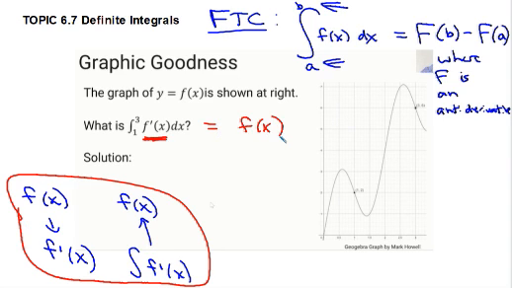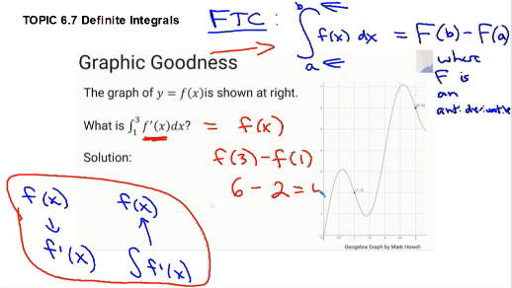So all I need to find, based on this fundamental theorem of calculus I told you up here, is I just need to do f of 3 and subtract f of 1. All right, and we can get that from our graph here. All right, f of 3 is 6, f of 1 is 2, so my answer is 4.